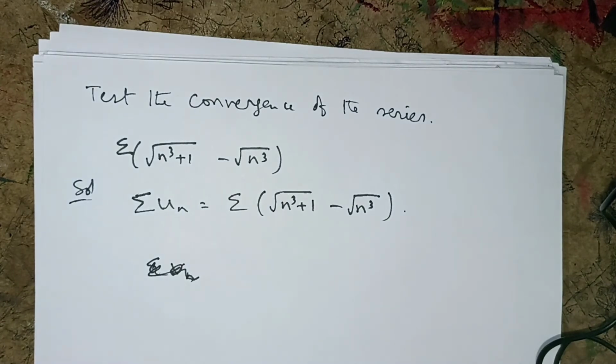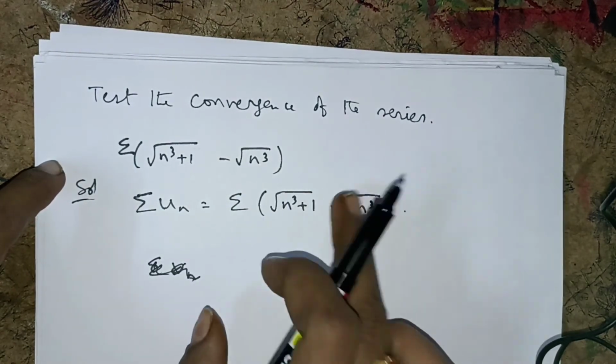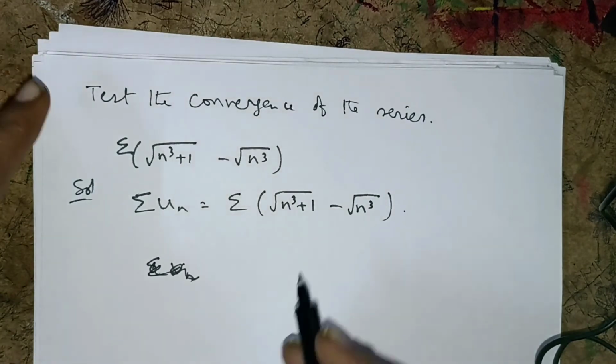Whenever the given term has only one value, with no fraction and no denominator, we have to rationalize the denominator.